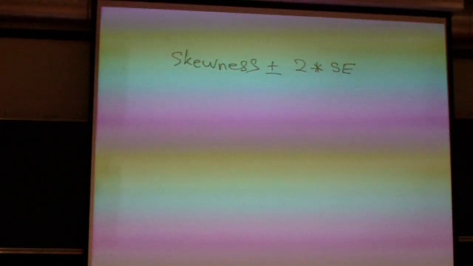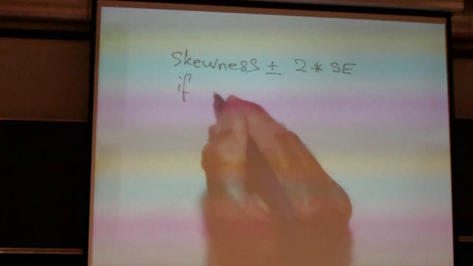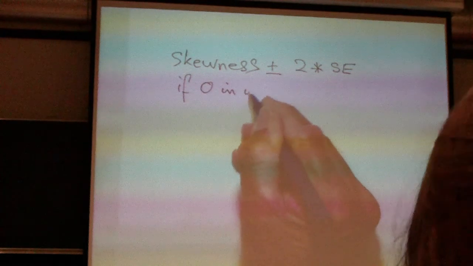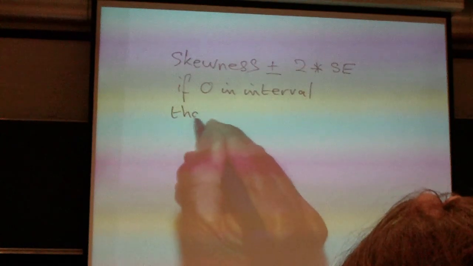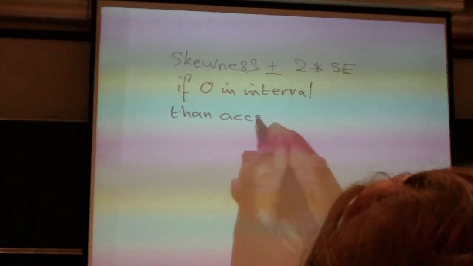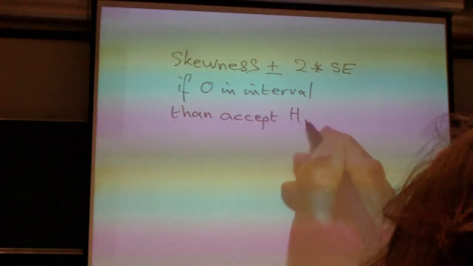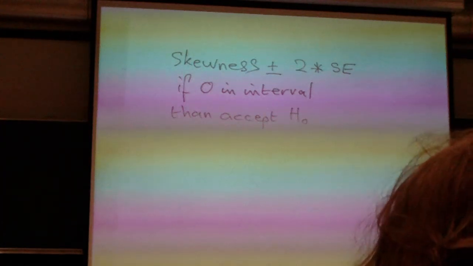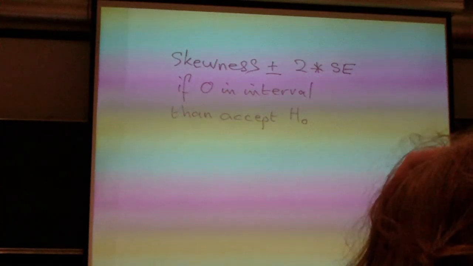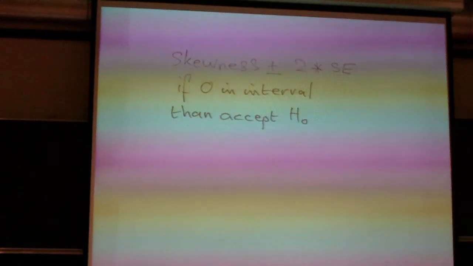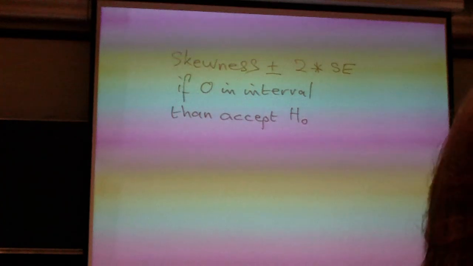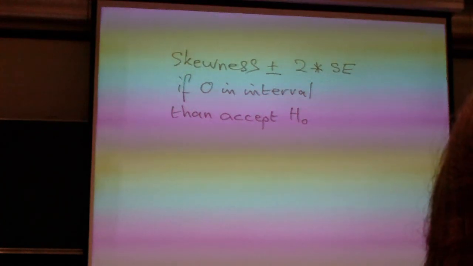And if 0 is in the interval, then accept the null hypothesis that the sample is drawn from a normally distributed population. So this is a rough way of carrying out a significance test.